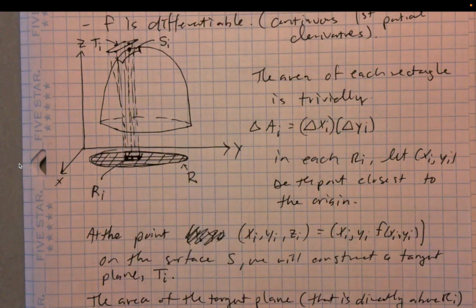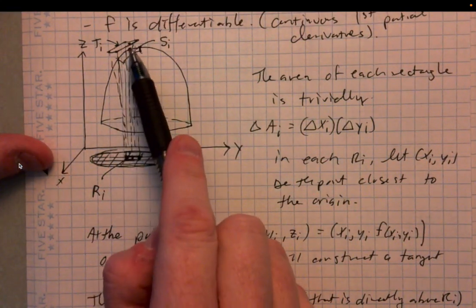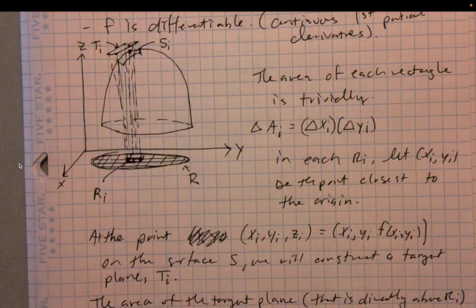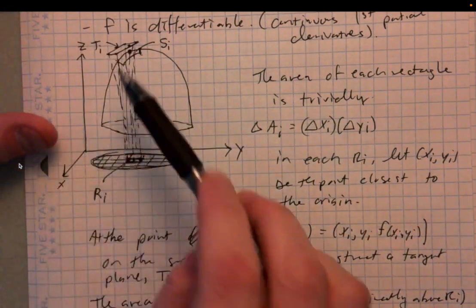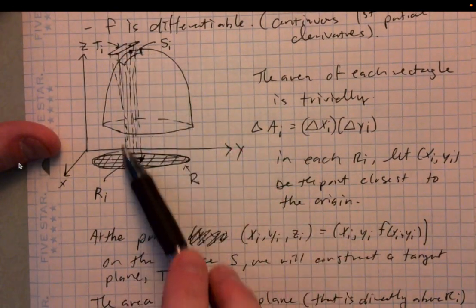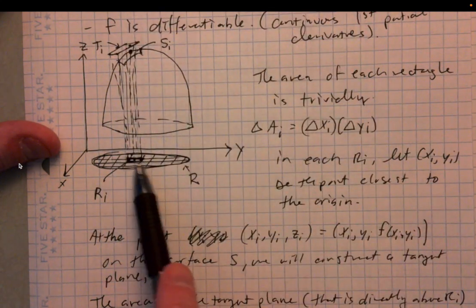Okay, and so all we've said so far is that this is a tangent plane that's built at this point on the surface, so it's going to have the same inclination as the surface at this point. And we're going to restrict the size of the plane so that it's just directly above the subregion Ri.